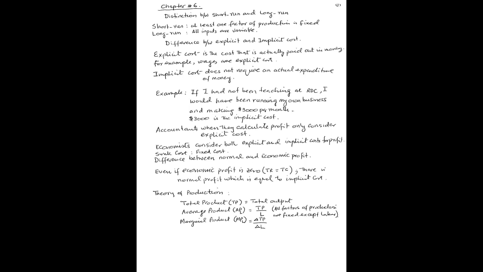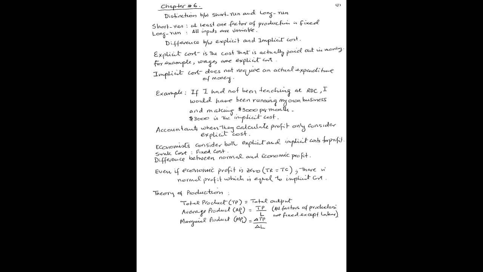So for example, if the plant size is fixed and you cannot change that plant size in 3 years, then 3 years is a short run. If you can change your plant size in 1 year, then 1 year is a long run. Less than 1 year is a short run.